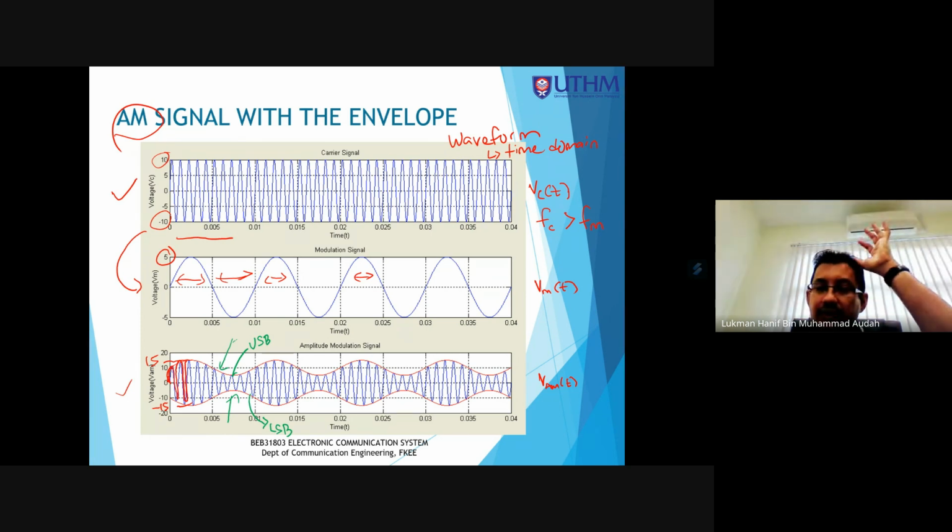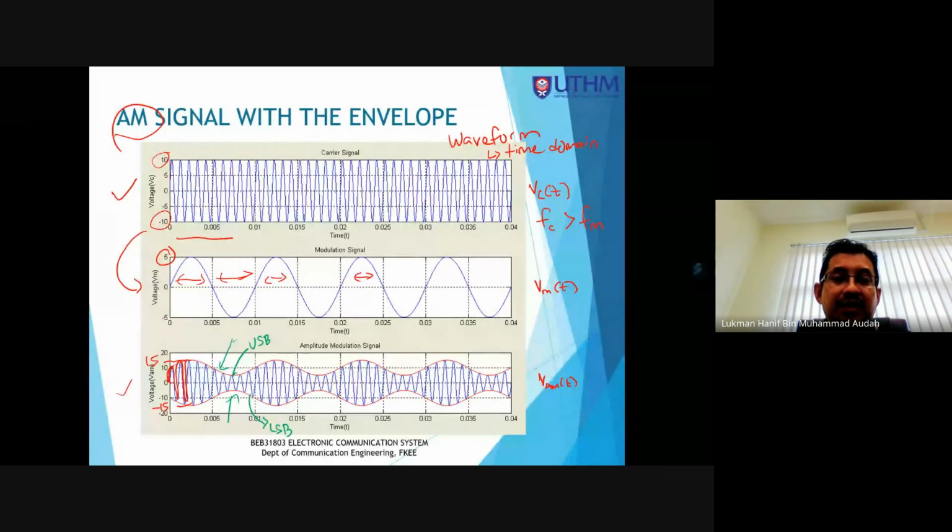Okay, so in the exam, normally we ask the student to draw or to sketch the waveform, or the frequency spectrum. If the question asks you to draw a waveform, that means you have to draw the time domain signal, like this, time versus voltage. So this is a waveform.